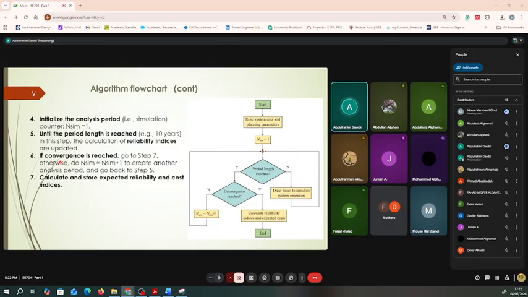But if yes, go to the sixth step, which is if convergence is reached, go to step 7. Otherwise, do nsim equals nsim plus 1, to create another analysis period and go back to step 5 again. And the step 7, calculate and store expected reliability and cost indices here, and then the system ends.